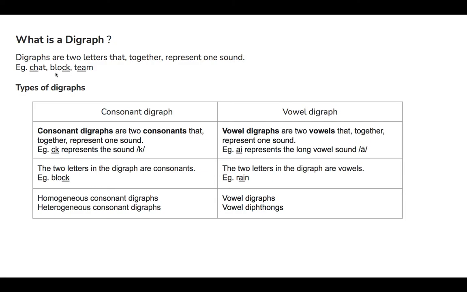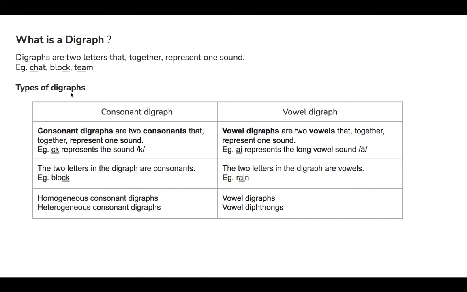Block, B-L-O-K, block. Here the two letters C and K produce a single sound K, so it is a digraph. Team, T-E-M, team. Here the letters E and A together produce one sound E, so it is a digraph.